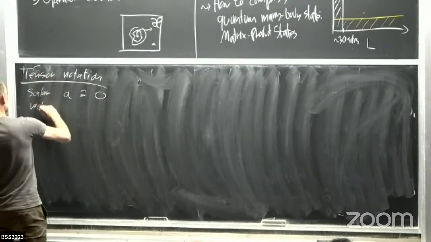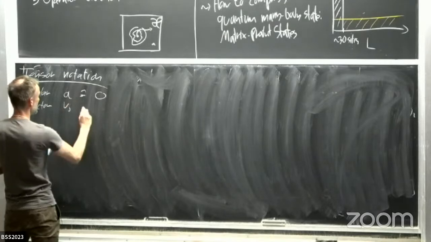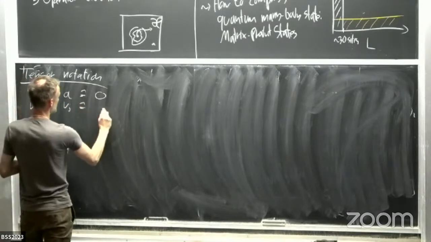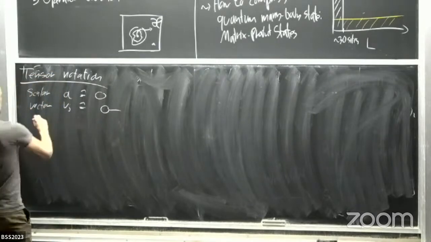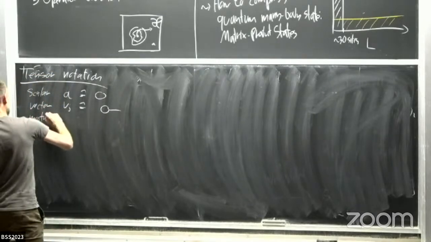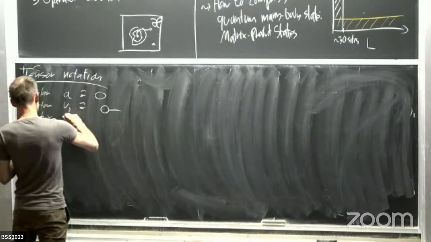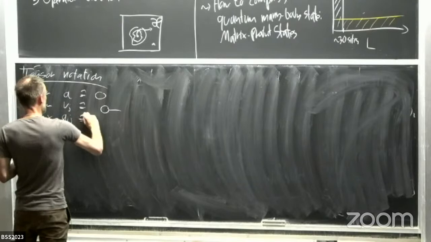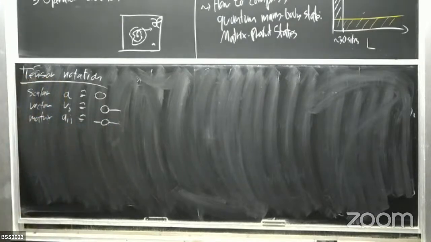If you have a vector, V_j, it corresponds to some blob with one leg sticking out, and a matrix A_ij would correspond to a blob with two legs sticking out.